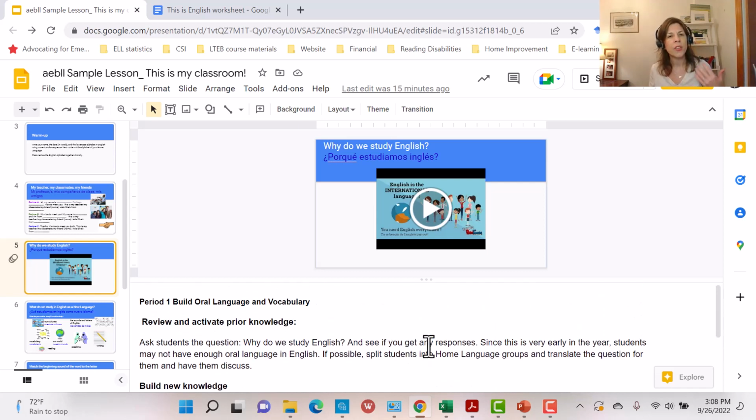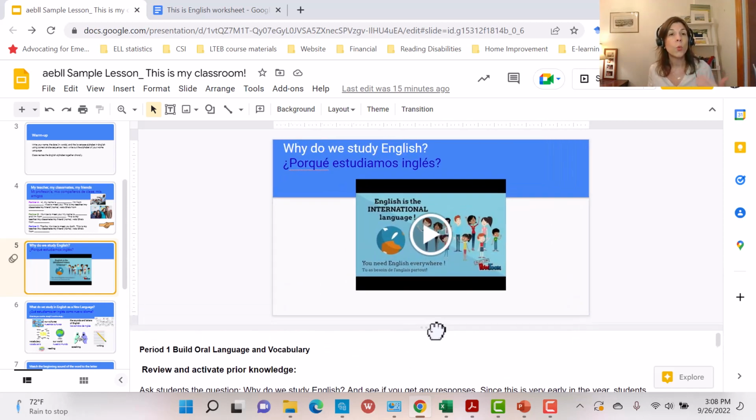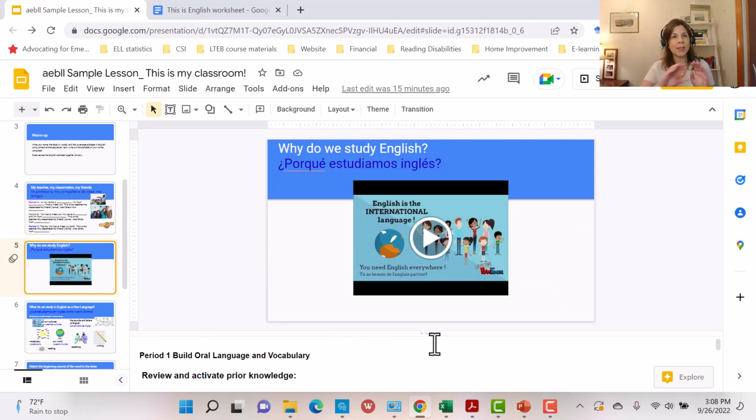So I want you to think of your week with your students as an arc. At the beginning of the week, we're going to build oral language and vocabulary, and toward the end of the week, we're going to transition our students in a very scaffolded, intentional way toward text, toward written language, reading and writing.